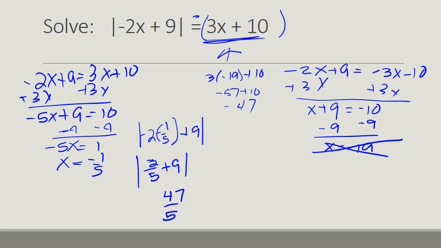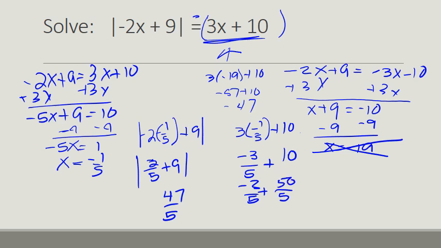Now if I put it into the other side, 3 times negative 1/5 plus 10 is negative 3/5 plus 10. For those of you that didn't quite get what I did last time, we want this over fifths. So I have to multiply the 10 by 5 and I get 50. Negative 3 plus 50 is positive 47/5. So these are equal, so our solution is negative 1/5.